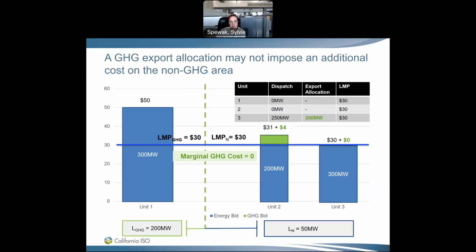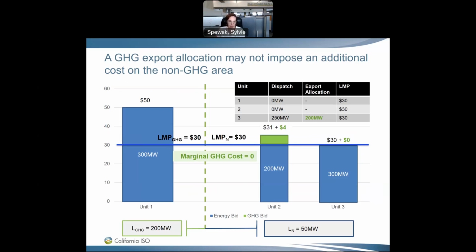There's no difference in preferences for what least cost dispatch should look like here. Both the GHG and the non-GHG area agree that Unit 3 is the cheapest resource. So because there's no difference in preferences, there's no marginal cost of GHG. The LMP in both areas is the same.